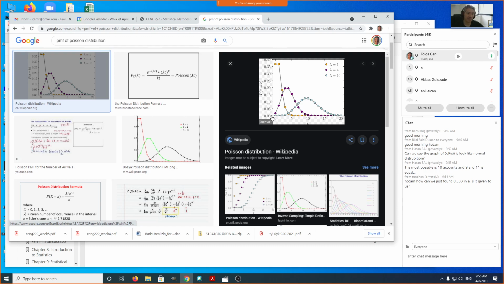It doesn't extend to the left of 0. It will start at 0, most of the time with non-zero probability at 0. Depending on what lambda is, it's going to be centered around something like this. So for lambda equal to 10, we have something that looks like this.